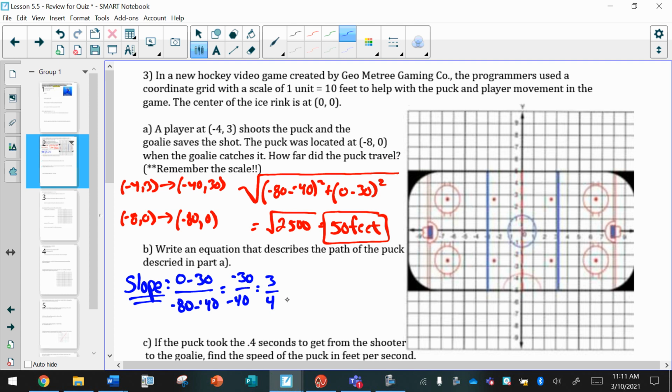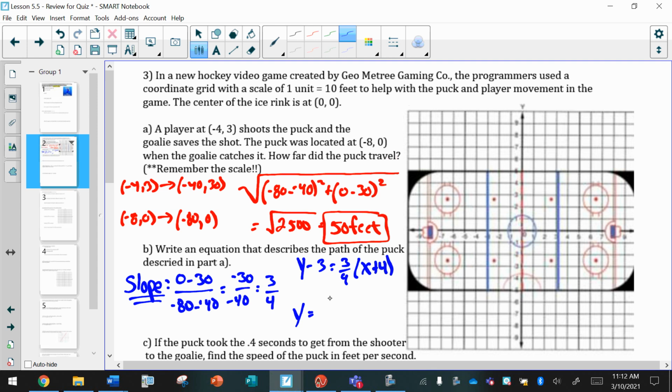So now it says write the equation of the path of the puck. Depending on which point you use would depend on which equation your answer looks like, but we have a couple different options. You could also distribute, because it doesn't say it has to be in point slope form.